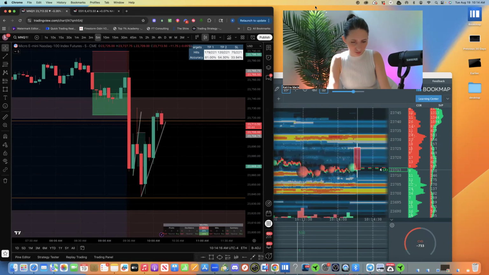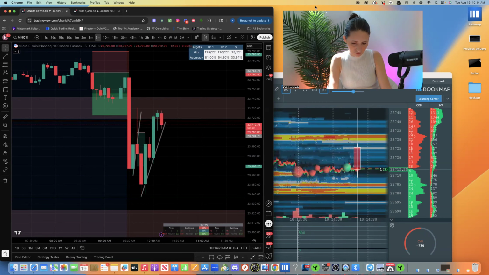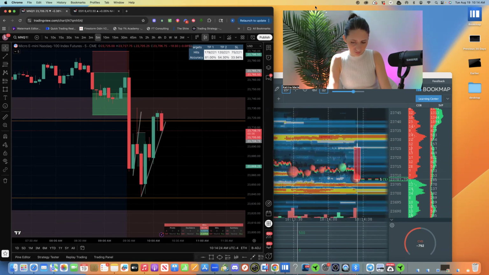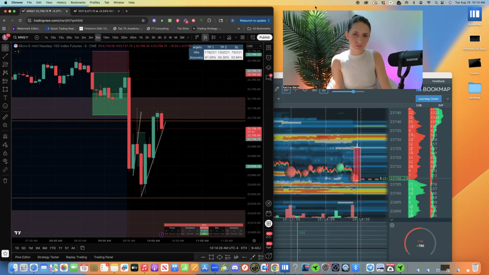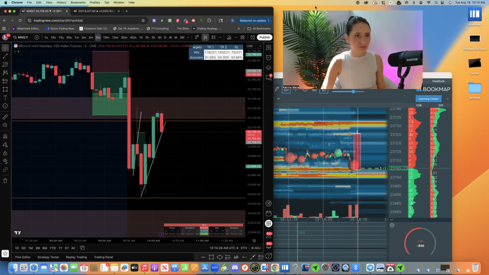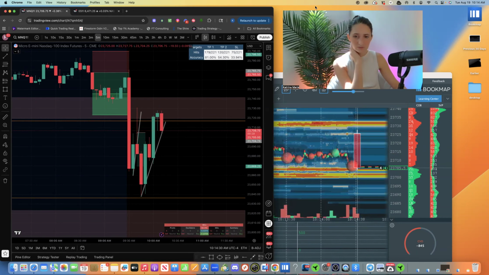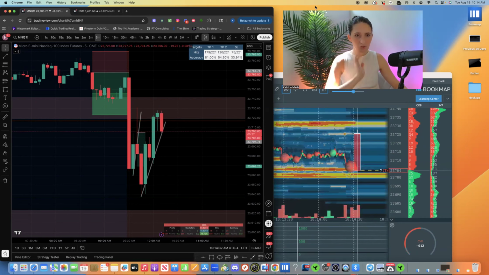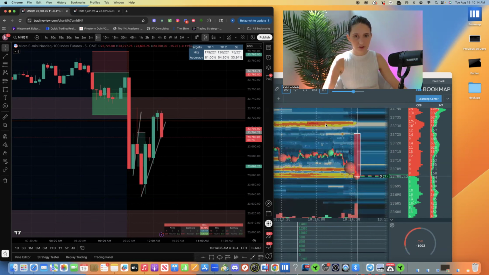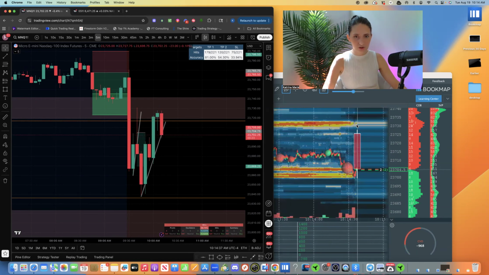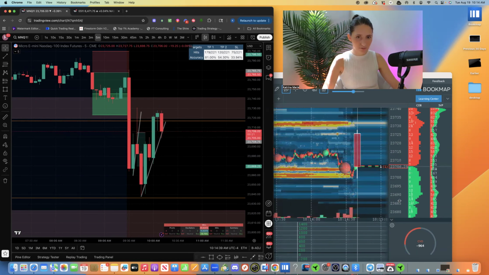What did Nitro do? Nitro's still in a trade. Well, we touched that area up there, as close as we got, and we pushed right back down.